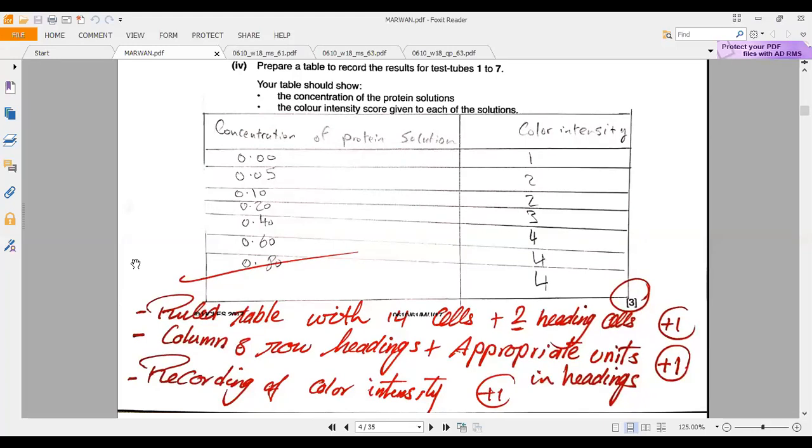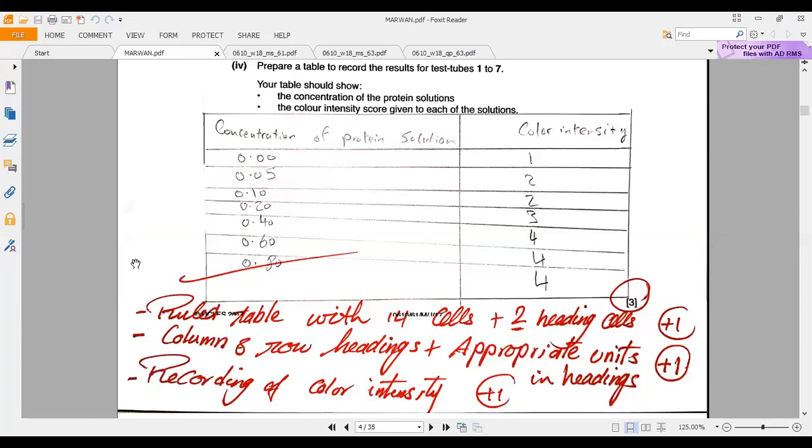The headings, or the columns and rows, should have appropriate units in the heading, not in the data cells. This is also 1 mark. Lastly, the recording of whatever he told you in the exam, the color, whatever he is asking. This is the 3rd point.